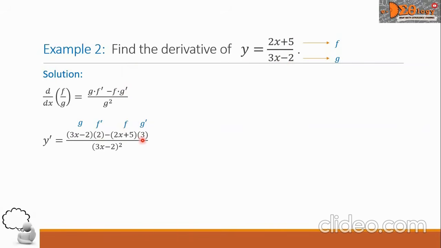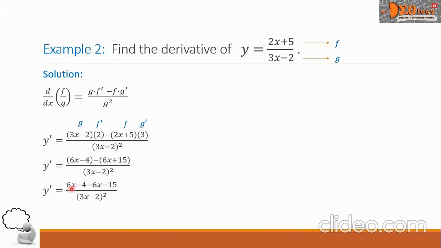Let us simplify the corresponding products of the numerator. So we have the first product to be 6x minus 4, minus the second product is now 6x plus 15. Let us remove the grouping symbols of our numerator.